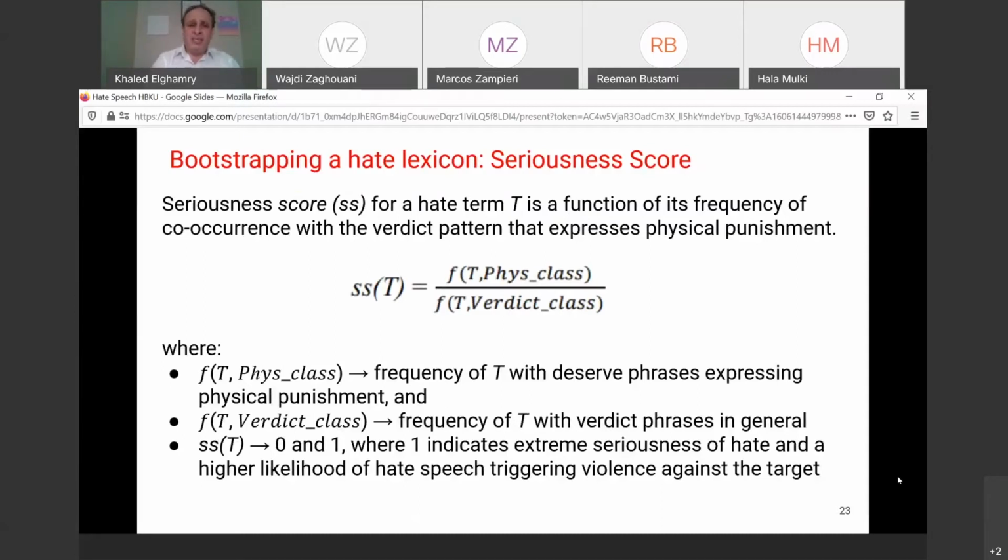So I'm suggesting a seriousness score for a hate term T as a function of its frequency of co-occurrence with the verdict pattern, the pattern that expresses physical punishment against the hate target for having this feature. So we have FT physics, which is the frequency of the hate term with deserve phrases expressing physical punishment, and we're going to have a look at these in a second.